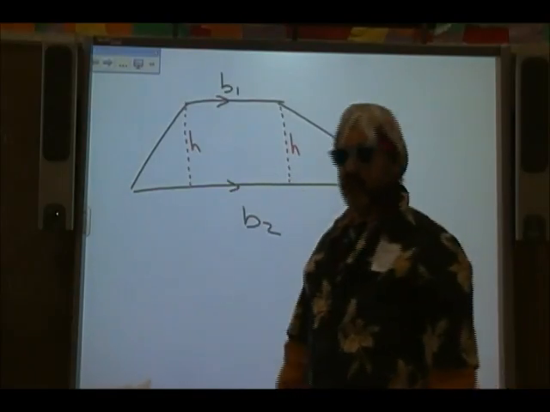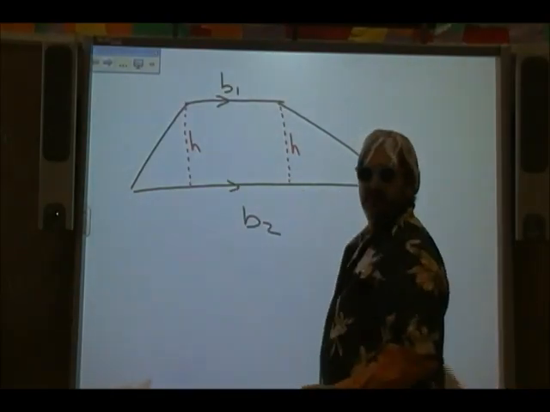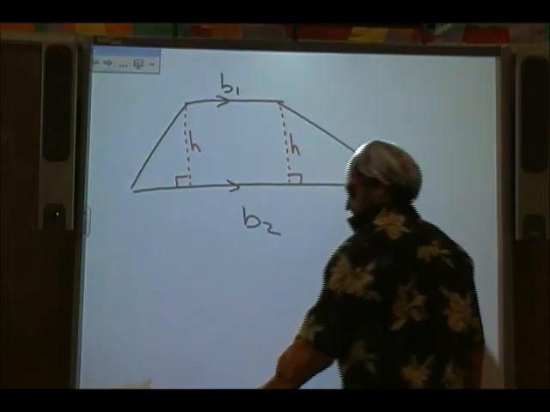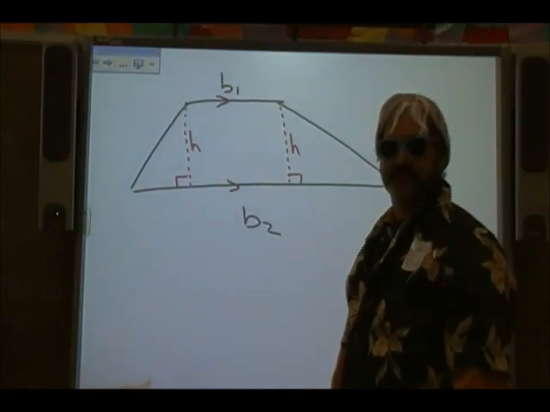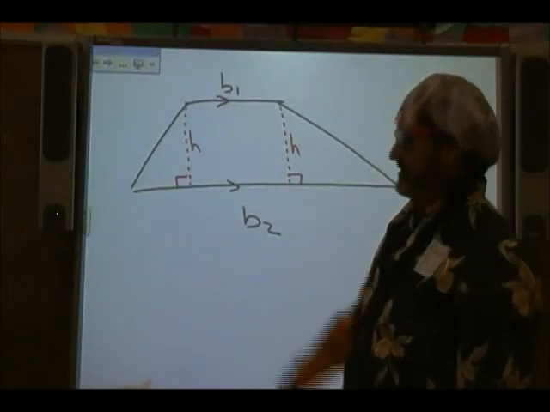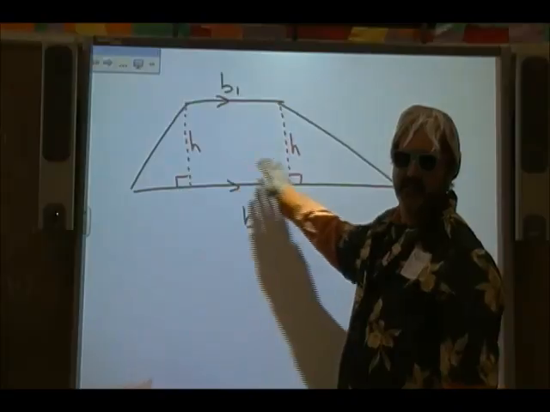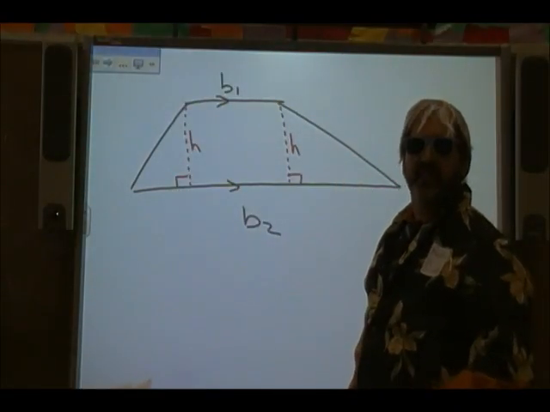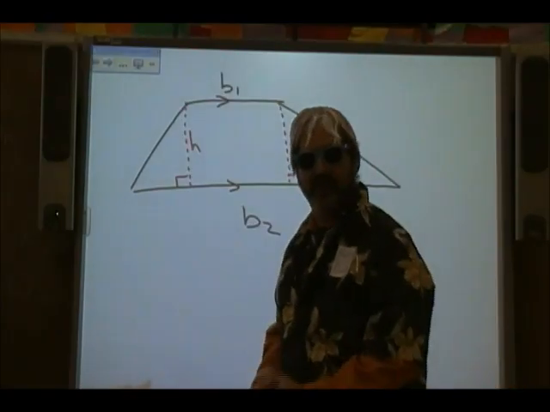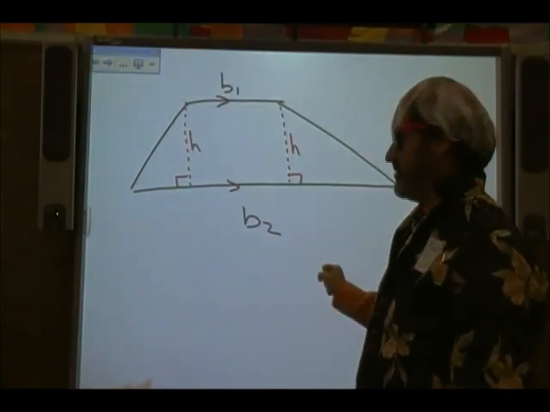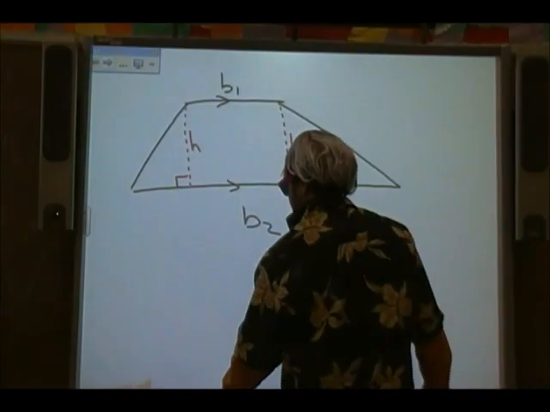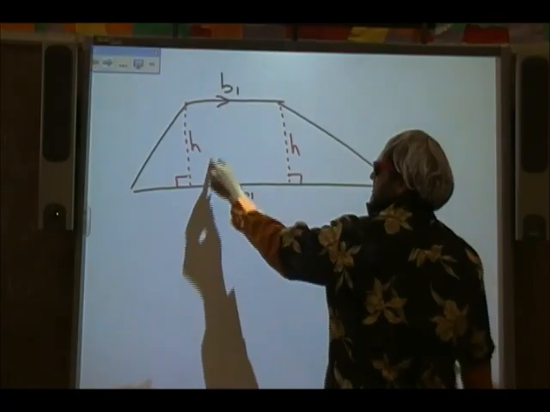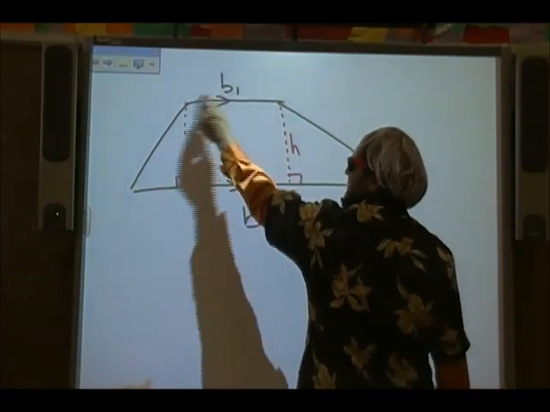Those heights are equal, and because they're altitudes, they make 90 degrees. We have 3 sections: triangle, rectangle, triangle. We'll find the areas of each piece, and then we will put them all together, and you will have the area of your trapezoid. So, I can call this B1 because this base is the same as this.